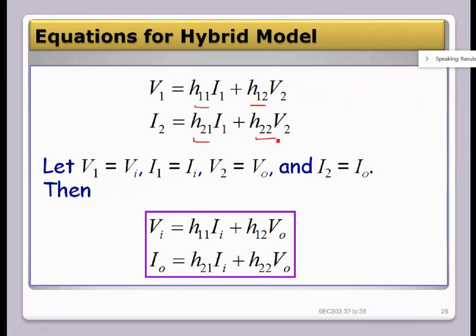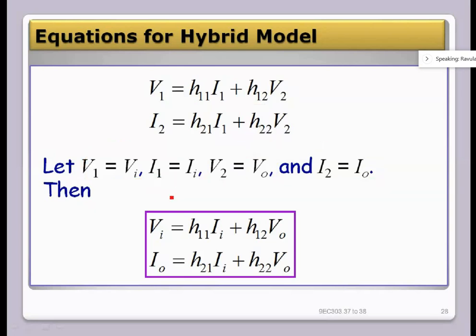Okay, so with these four hybrid parameters, now we are able to give the values of V1 and I2. So here let V1 equal Vi and I1 equal Ii. That is, V1 and I1 are input voltage and input current. Similarly, V2 and I2 are output voltage and output current.